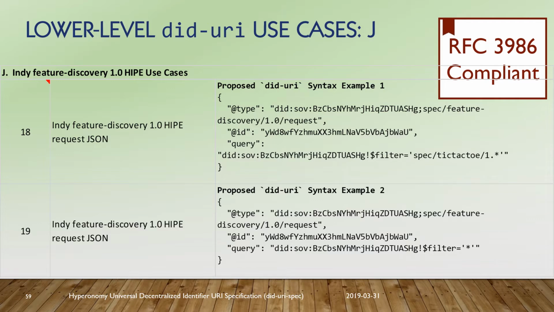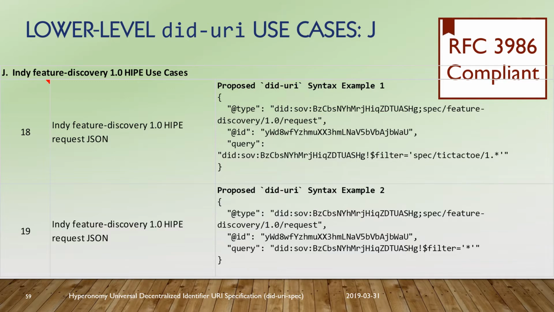Previously we saw what it currently looks like, but if we go down to the query in use case 18, we can see that we take the same URL as in the type statement, and we pipe it through exclamation filter equals and then spec tic-tac-toe 1 dot star.